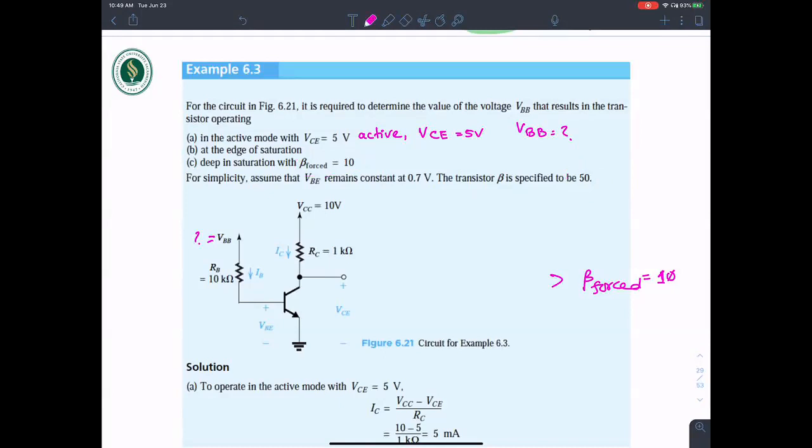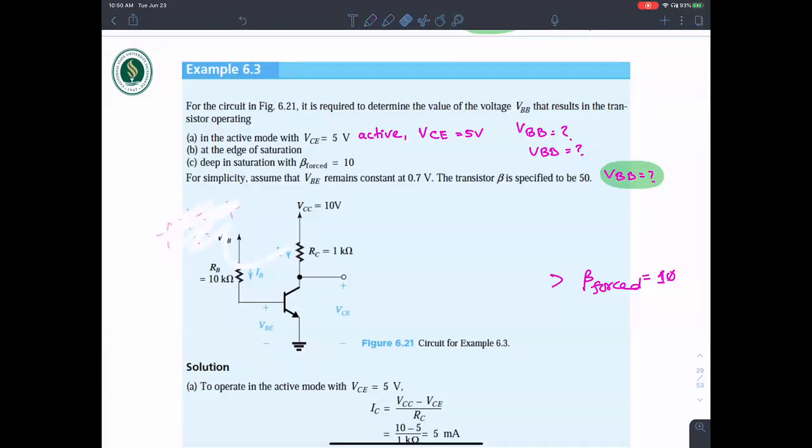So what you'll see is, if you were to find VBB in these 3 cases, in the saturation region you have to apply a really, really big positive voltage on VBB to get the same amount of current flowing in the collector.